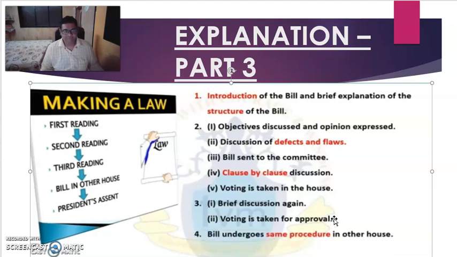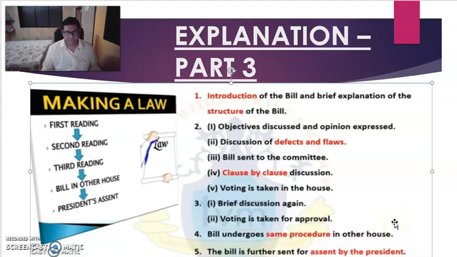The bill undergoes the same procedure in the other house. After getting approval by both the houses, the bill is further sent for approval by the President.